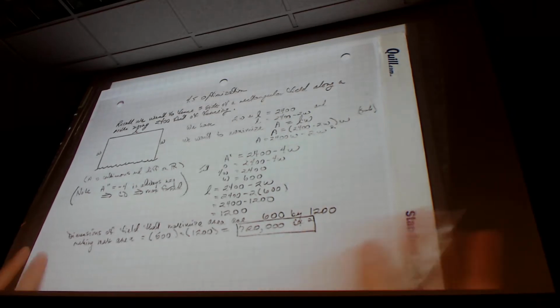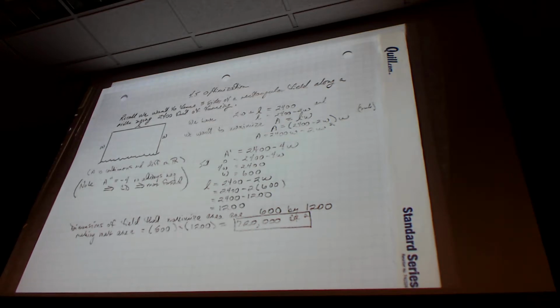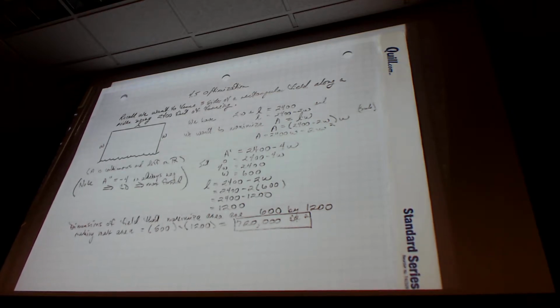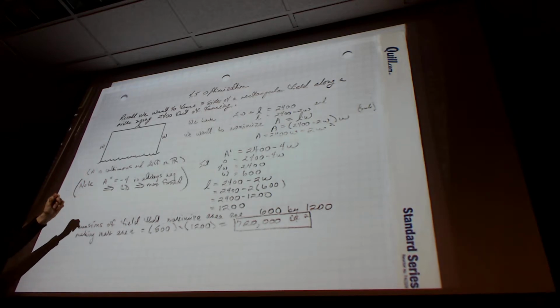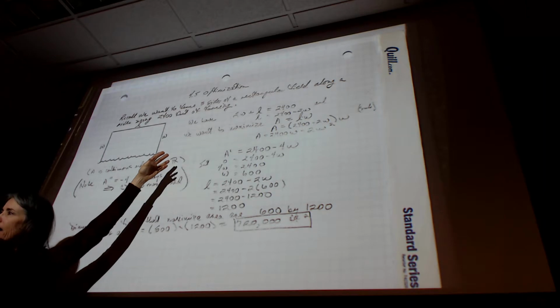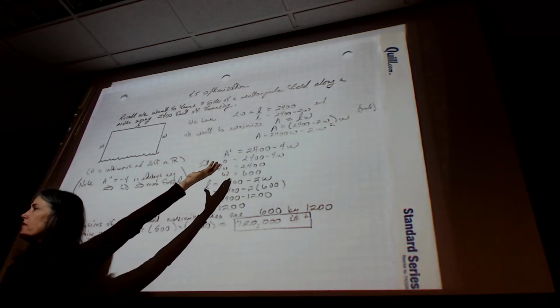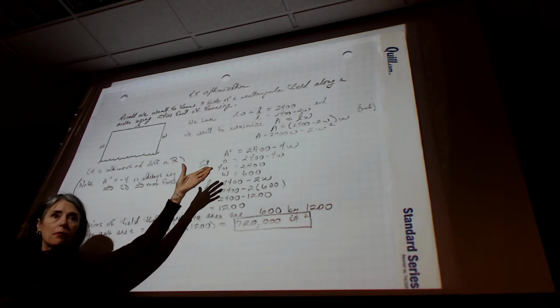Now, I know this is a simple little problem, and like in related rates, these problems are each different from each other. But there are similarities. The similarities will be that often a picture helps. B, you want to write statements about what you have and what it is you want to maximize or minimize. All of them are maximize or minimize problems.